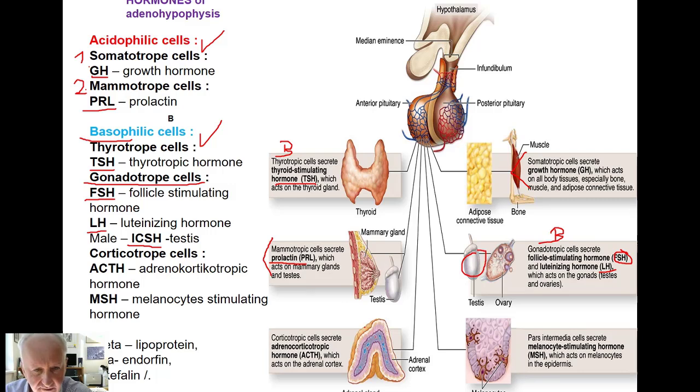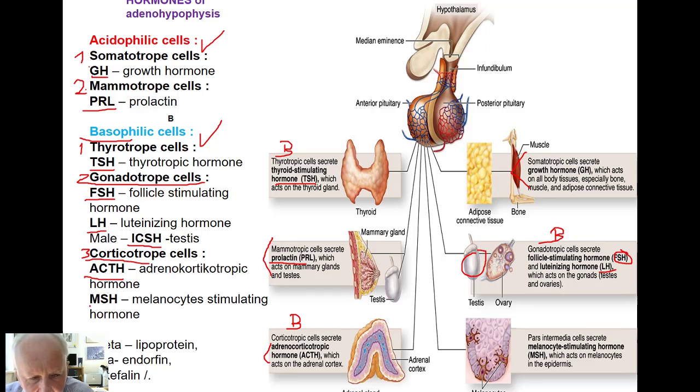And the corticotrope cells, this is another group. So this was the first one, this was the second, and this is the third group, corticotrope cells, and you see ACTH, adrenocorticotropic hormone, this is this one, next basophilic type, yes, and this is adrenocorticotropic hormone acting on the cortex of the suprarenal gland, influence, yes.